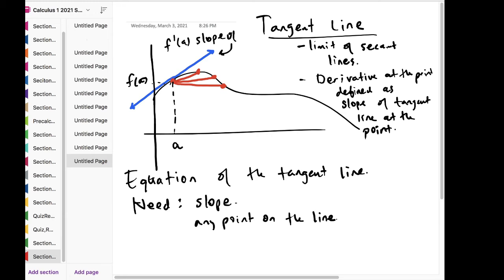And remember, there's 2, maybe 3 main equations of a line. Which form of the equation is the best one for these pieces of information?